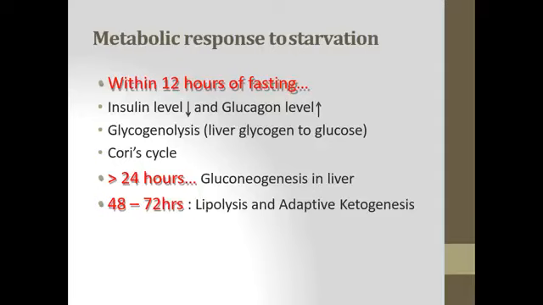taken to the liver, where gluconeogenesis starts, and after 48 hours lipolysis starts, and the glycerol, which is the basic unit of the fat or lipid, is then transferred to the liver, where gluconeogenesis starts.